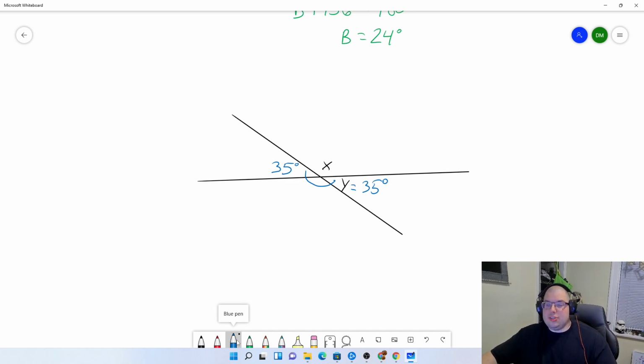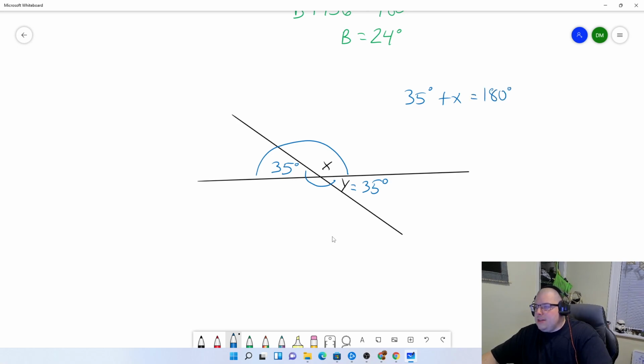And I can use supplementary angles to find that missing angle X. So because these two form this perfect straight line right there, that means that 35 degrees plus X should equal 180 degrees. And so I'm going to subtract 35 degrees from both sides. And so then I know X is equal to 180 minus 35, which is 145 degrees.